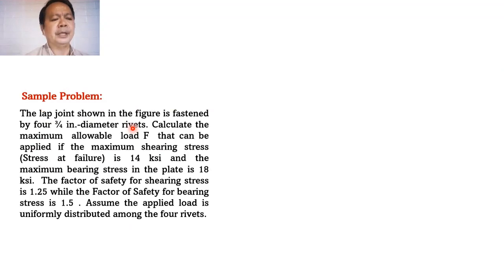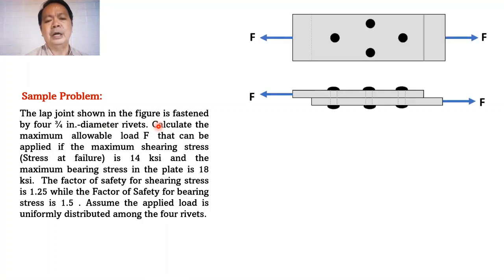So in the problem, there is a lap joint shown in the figure, that is fastened by 4 of 3/4 inch diameter rivets. We are to calculate the maximum allowable load F that can be applied if the maximum shearing stress, which refers to the stress at failure, is equal to 14 KSI, and the maximum bearing stress in the plate, which is the stress at failure of the plate, is equivalent to 18 KSI.